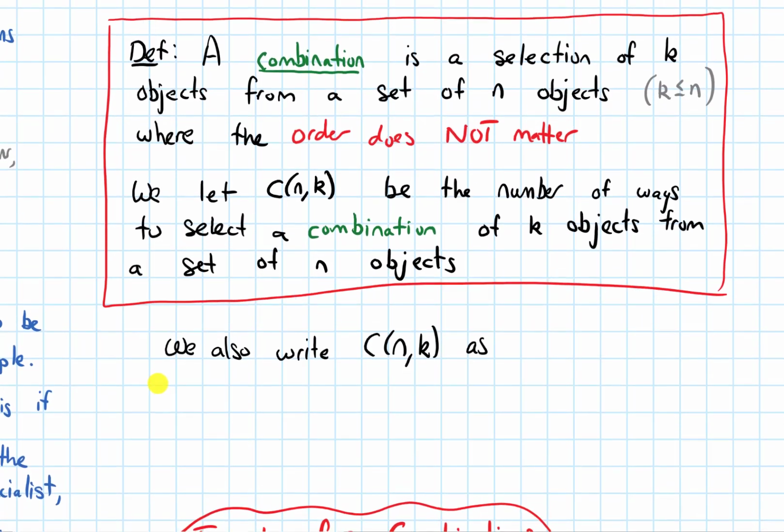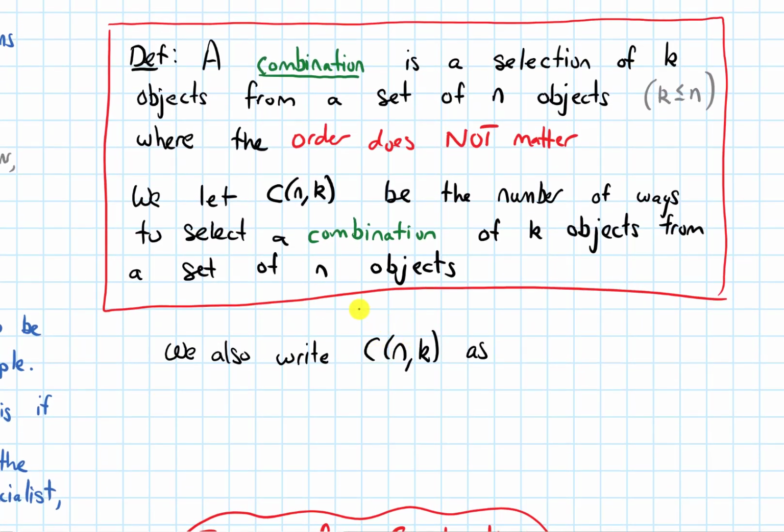Okay. All right, so let's go back to where we are in the definition. There's one other really commonly used notation instead of C of n comma k to refer to the number of combinations. We also write C of n comma k with big narrow parentheses, with n on the top and k on the bottom. This is not a fraction.